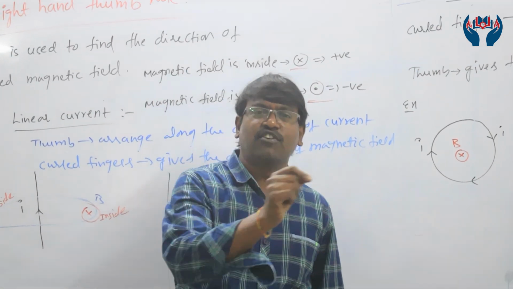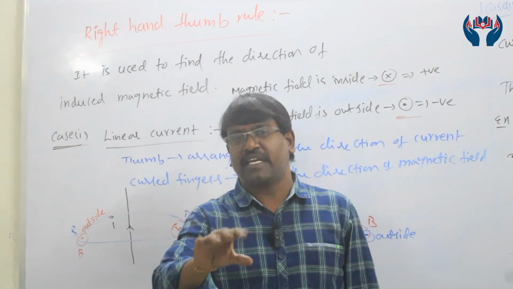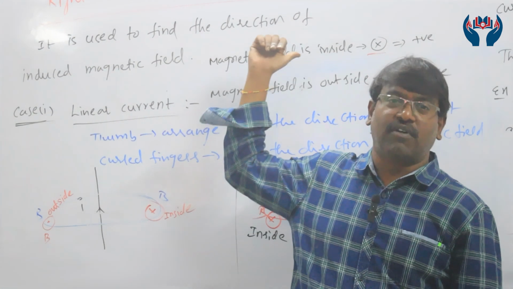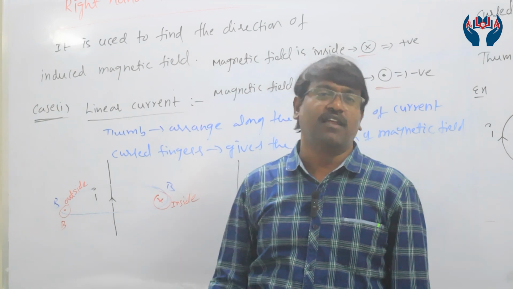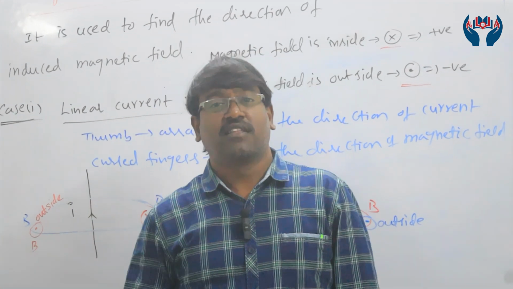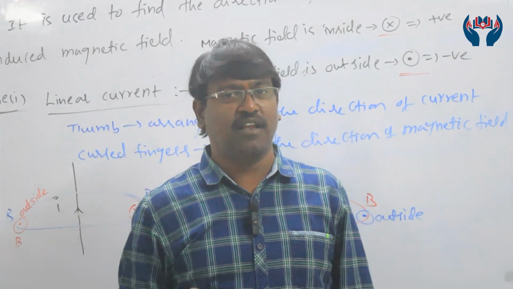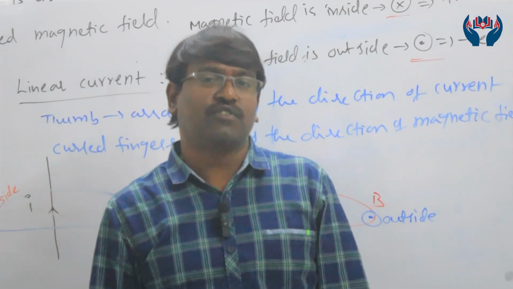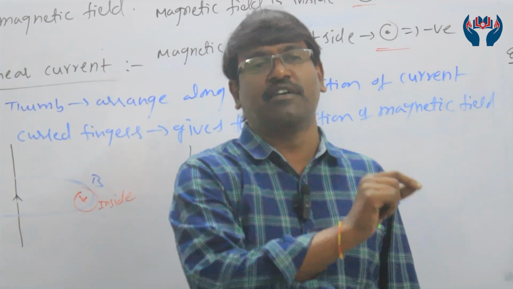The induced magnetic field is a vector. This vector has both magnitude and direction. Already we have found the direction of the induced magnetic field by using this right hand thumb rule. Now we have to find the magnitude of the induced magnetic field. For the magnitude, we use Biot-Savart's law.